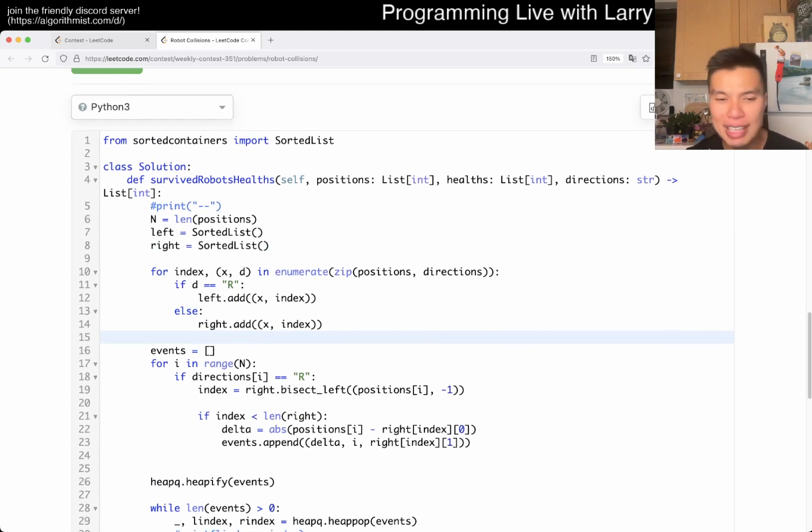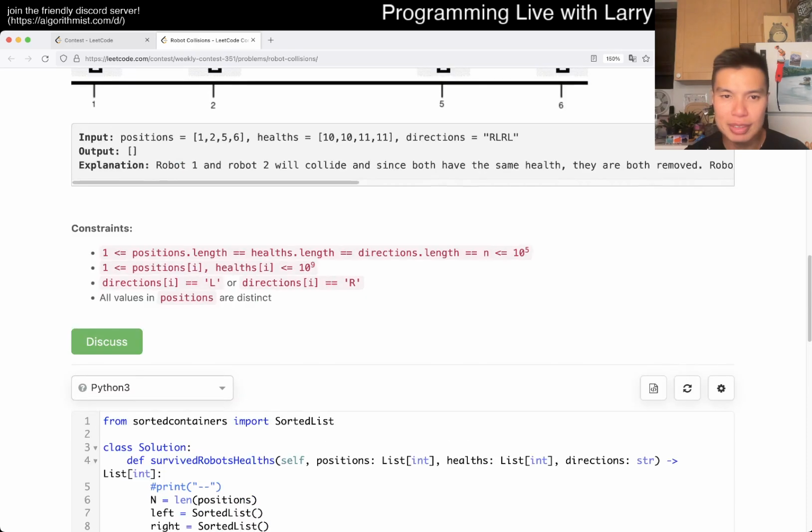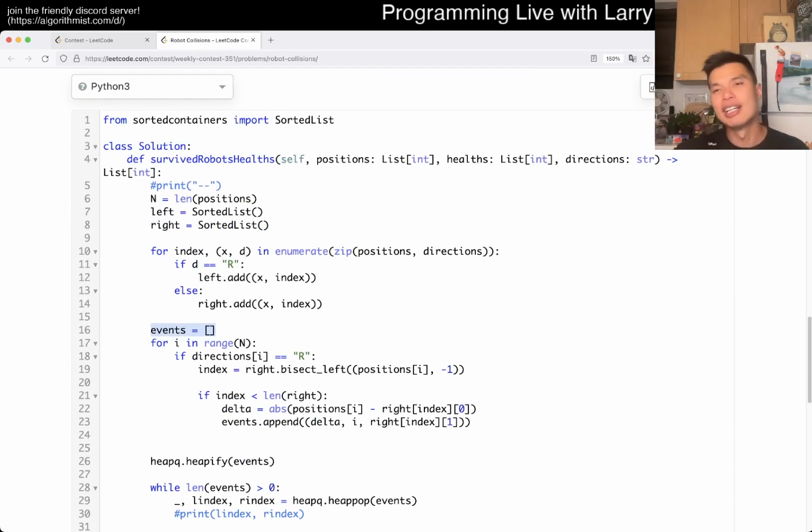And then after that, we sort the events. We set up the events to begin with. For the initial event, if you look at the visualization, we just looked at the next one on the left side. And here, because of symmetry reasons, we only have to care about one of them.